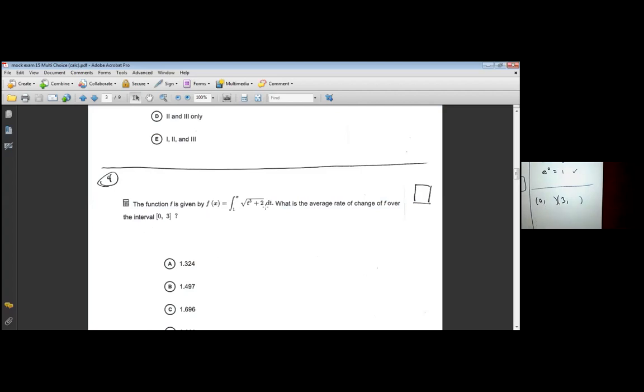Somebody go ahead and find me the integral from 1 to 0 of the square root of x to the third plus 2. Somebody find me that integral. Go. So we're plugging in 0 for the top bound.